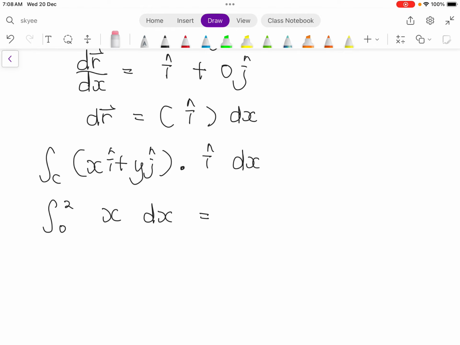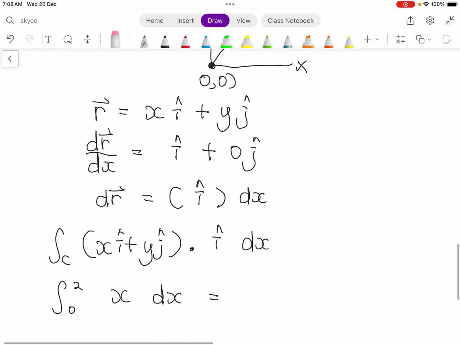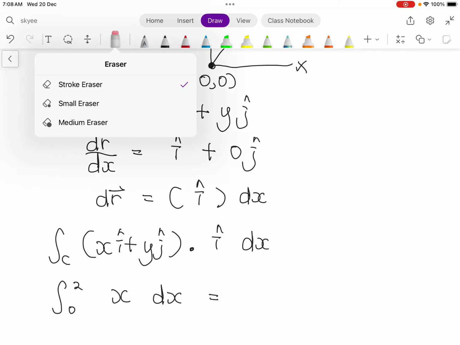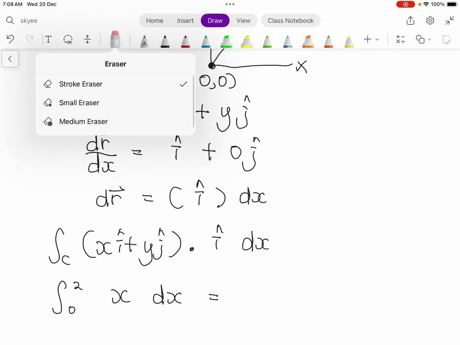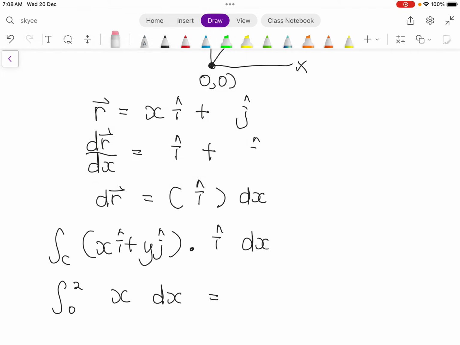Oh, the answer is equal to 2. Oh, I missed one step again, I'm sorry. Regarding this part, I missed one step.